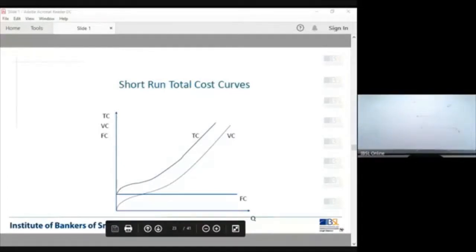Now what will happen? The total cost curve is the sum of these two. You add these two. At each output level, variable cost, fixed cost. Variable cost, fixed cost. So the total cost curve is parallel to the variable cost curve, but shifted up.